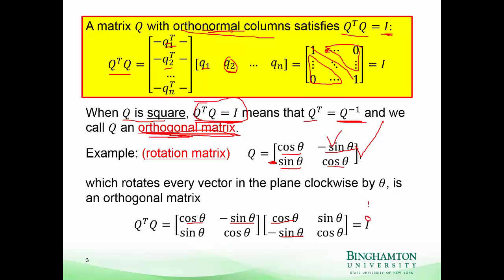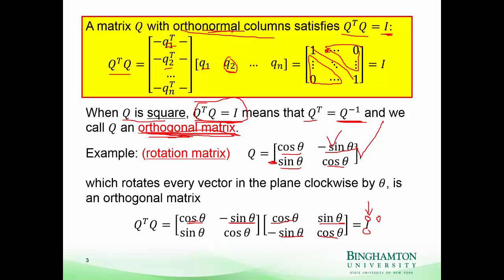So the 1, 1 element of the result would be cos squared plus sine squared, and that's a famous trig identity, equal to 1. Then we look at the 1, 2 element, and we have cosine times sine plus negative sine times cosine. So we'd have cosine minus cosine. Well, those go to 0. So we'll get a 0 here.